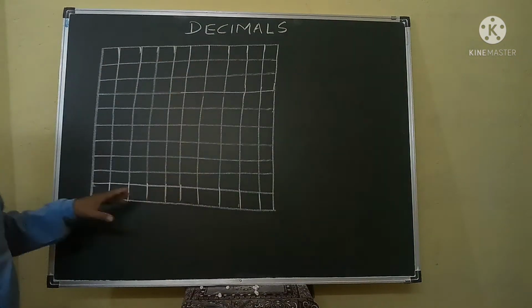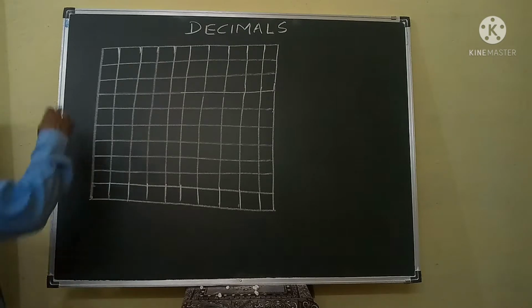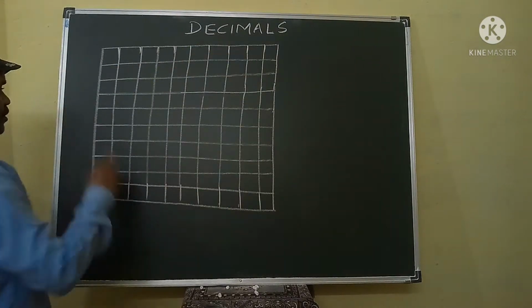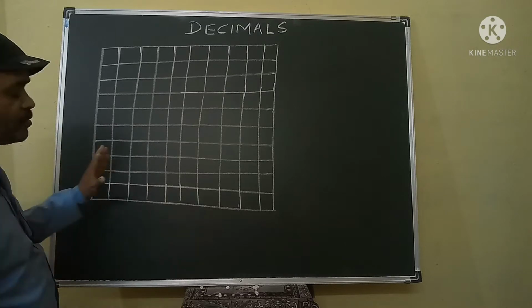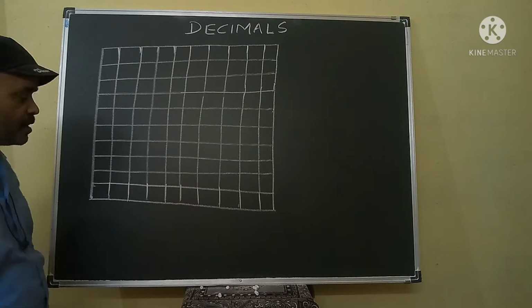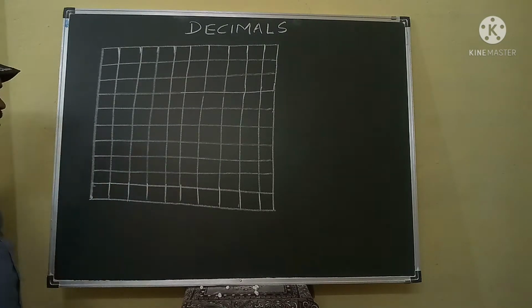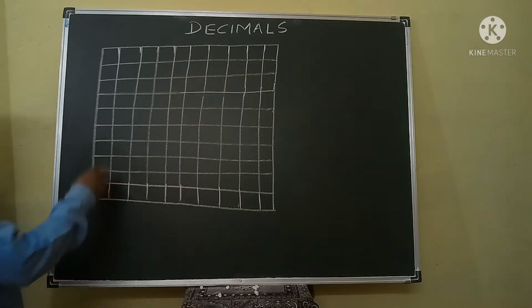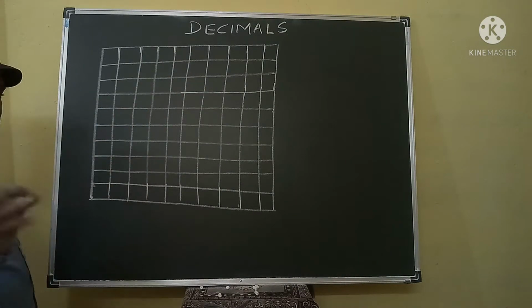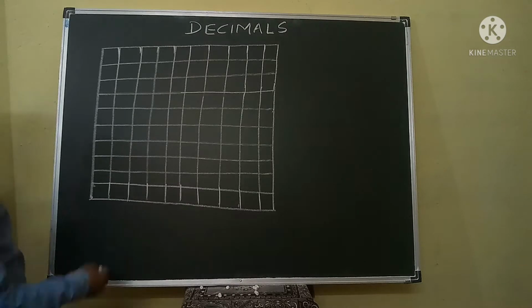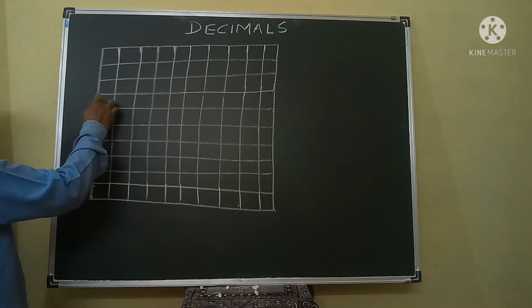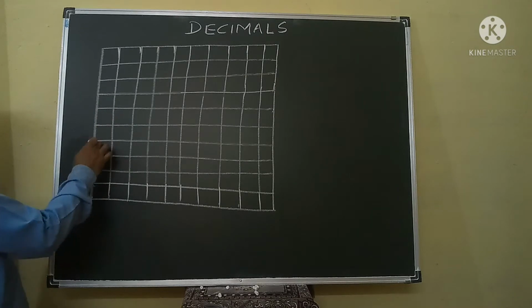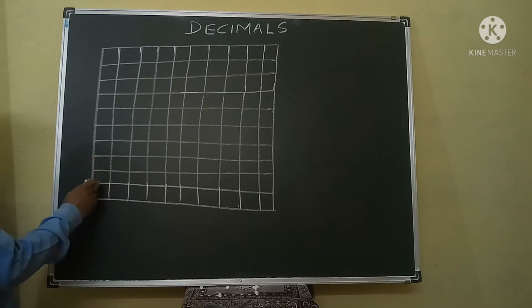This is one big rectangular box, and this rectangular block is divided into 100 equal parts. How will we count? Look here: 1 2 3 4 5 6 7 8 9 10.